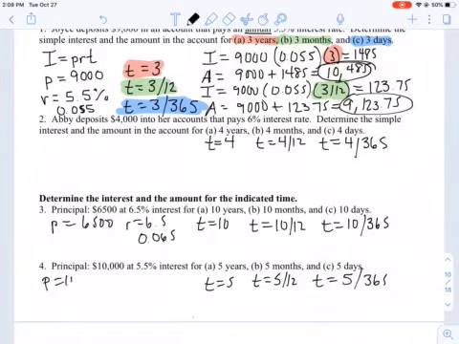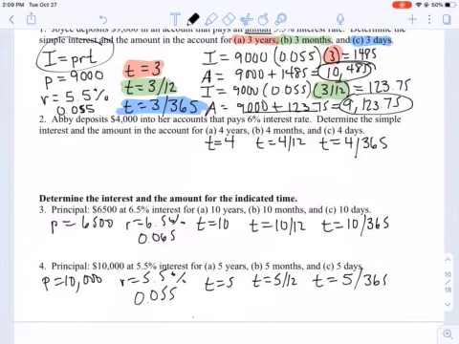P is 10,000. R is 5.5%, or 0.055. Okay, cool. So same process, plug it in, put it into your calculator. If you want to find the amount, you just add your principal and interest. This is the formula to find your interest, if you're interested in doing these.